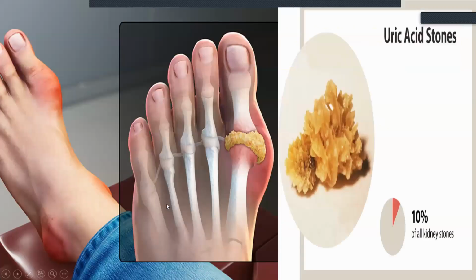Okay. Now, from uric acid, the first disease that I'm going to talk about is uric acid stones. So I don't know if you have heard about this in your relatives or extended family members. Older people, usually they start to get pain in their toe, in the foot, right? And what they are suggested by the doctor is get your uric acid tested.